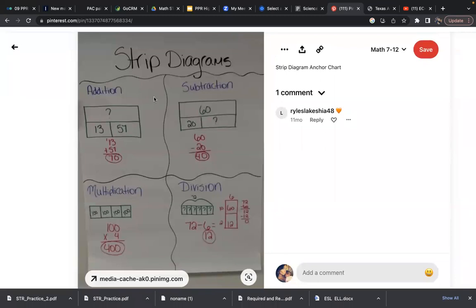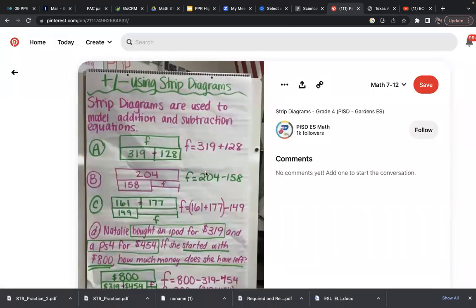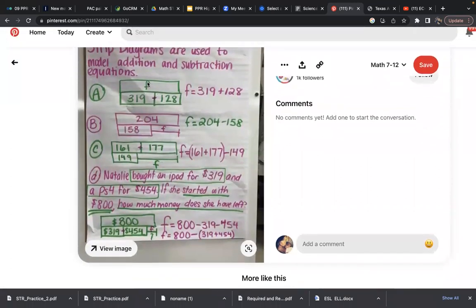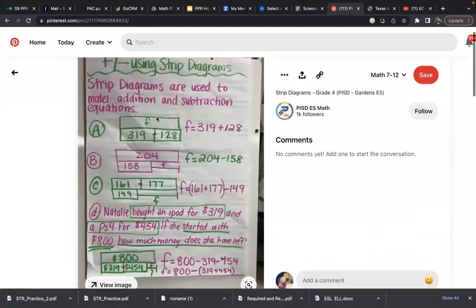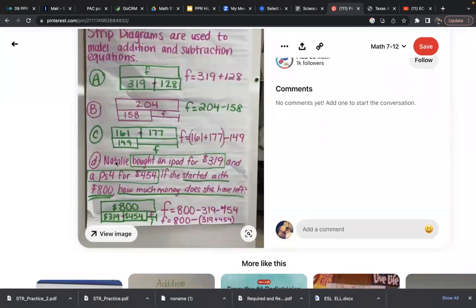So important. And I think they need to be able to do it when there's a letter like this. Natalie bought an iPad for $319 and a PS4 for $454.